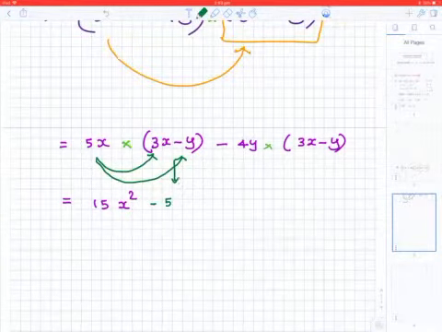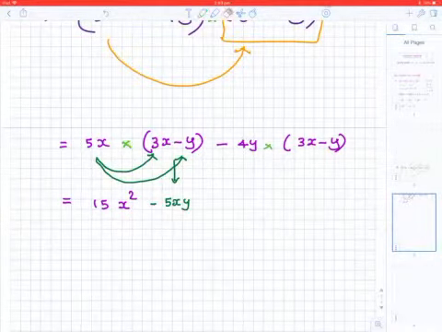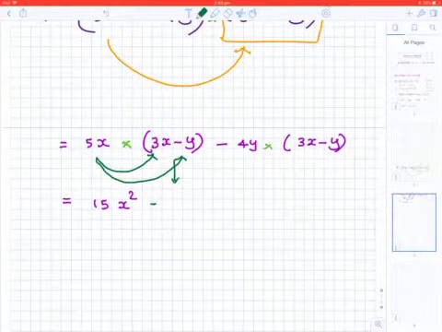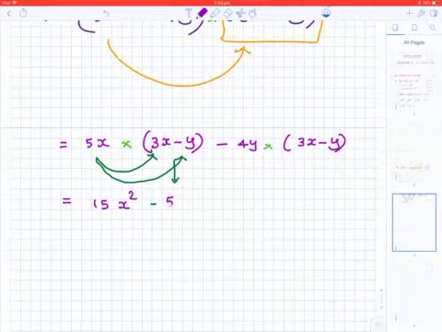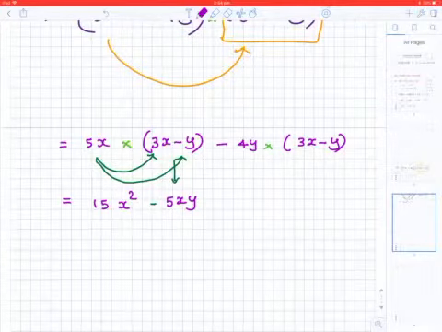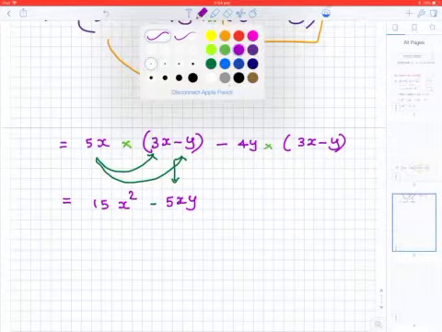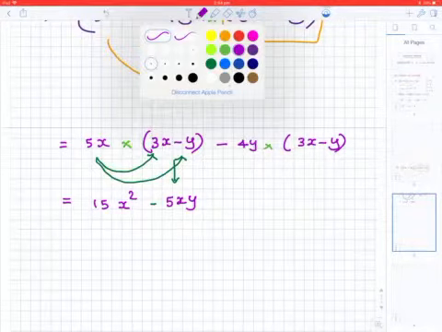I prefer to do the minus sign here. So that is minus 5x times y, which is 5xy. So that's the second term.